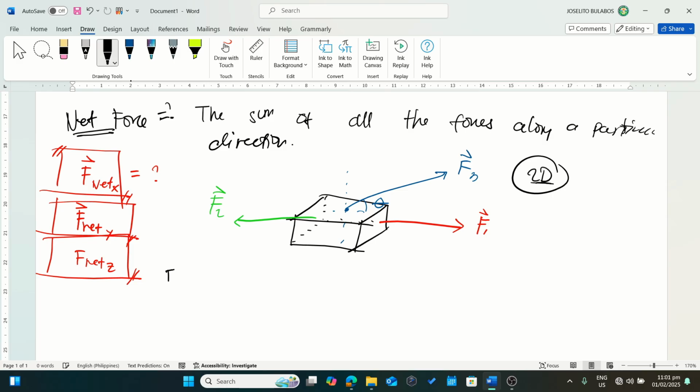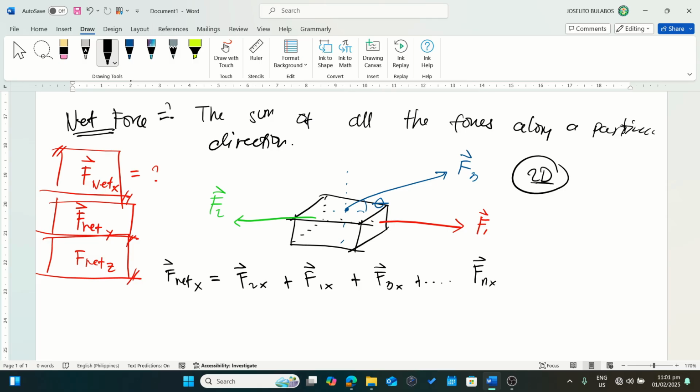If I want to know the net force along x, I have to get the sum of F2 along the x direction plus F1 along the x direction plus F3 along the x direction, and so on and so forth. So this is the net force along the x direction.